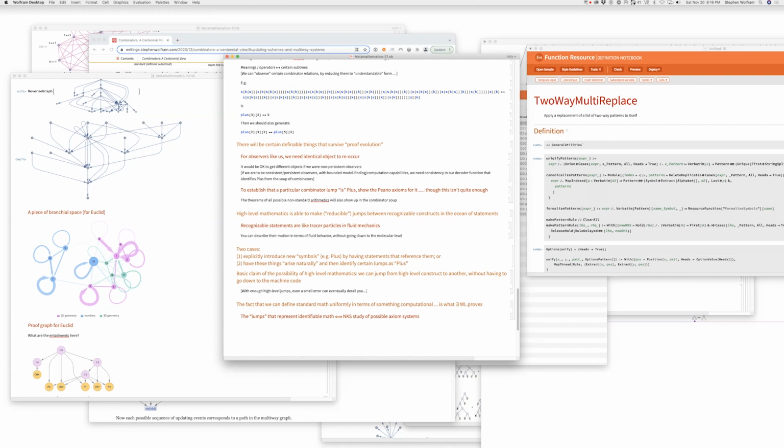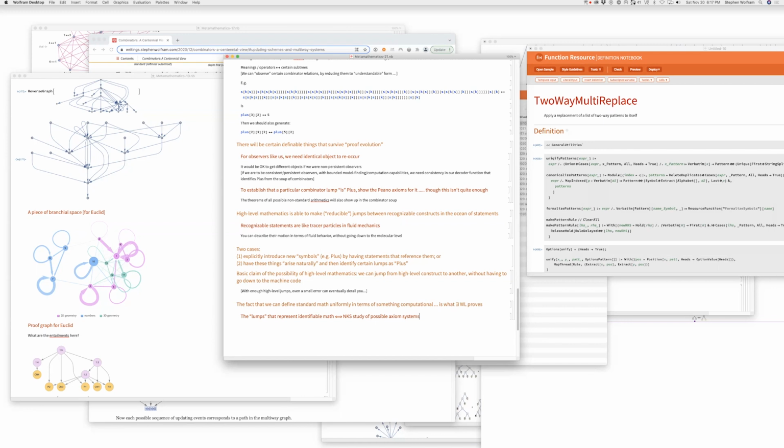But the difference between ruliology and this is that here we're attempting to identify a high level. We're trying to look only at certain observable things and ask questions about the observable things rather than go all the way down to the machine code and ask questions about what happens at that level.